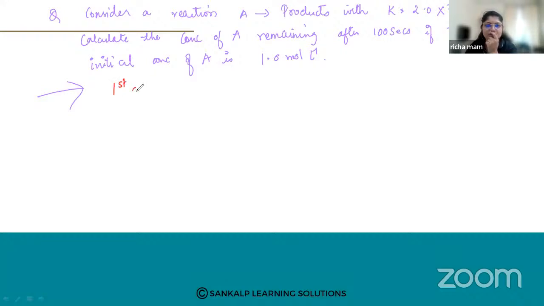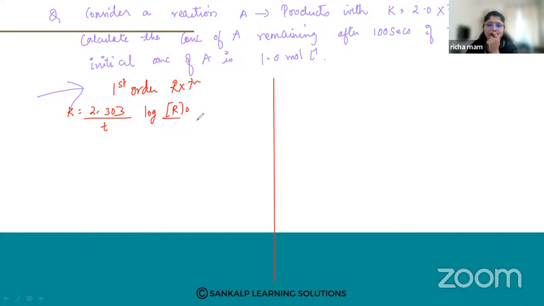So for first order reaction, K is equals to 2.303 by t log of R naught by R, where R is the concentration. So the reaction A giving you products with rate constant 2.0 into 10 raised to minus 2 per second, and we need the concentration of A remaining after 100 seconds, if the initial concentration of A is 1.